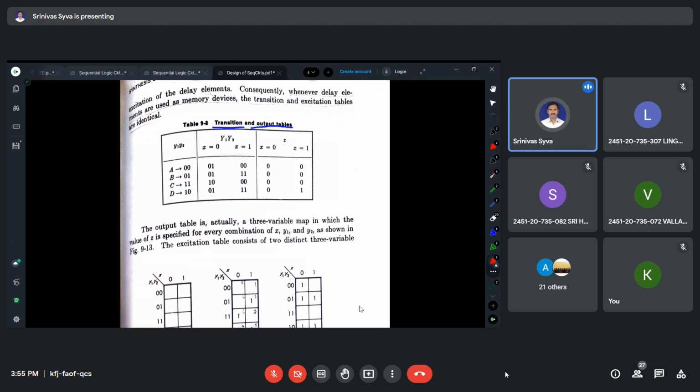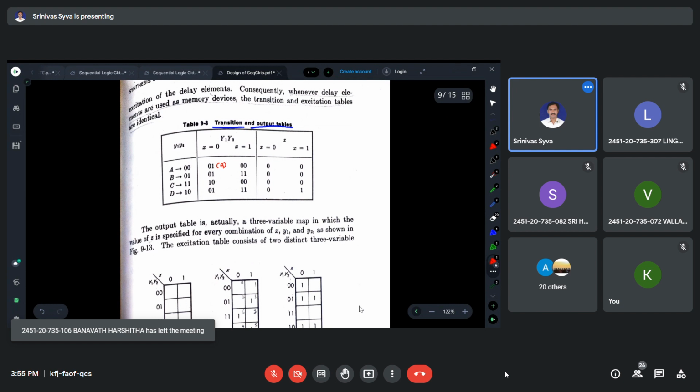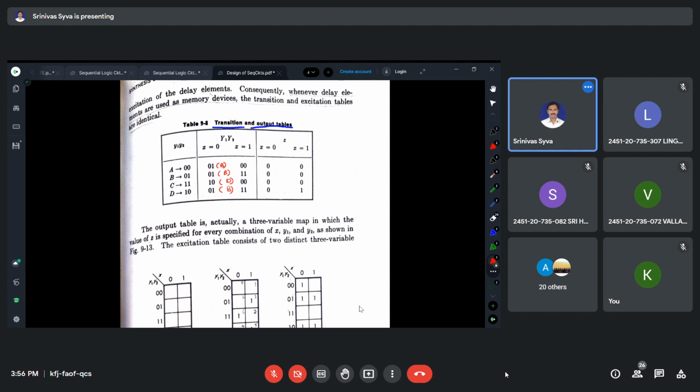This is B. Again, this is also B. This is 1 0, which means D. 0 1 means it is again B. So again this is A. 1 1 means C. Here 0 0 means A. 1 1 means C. Like that.